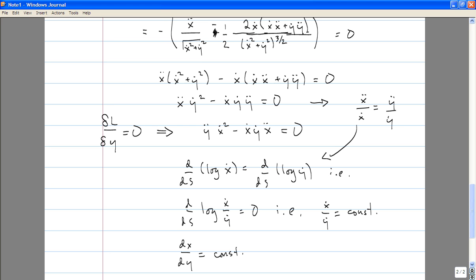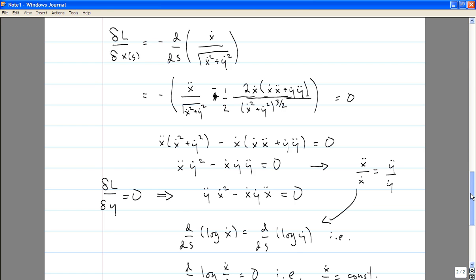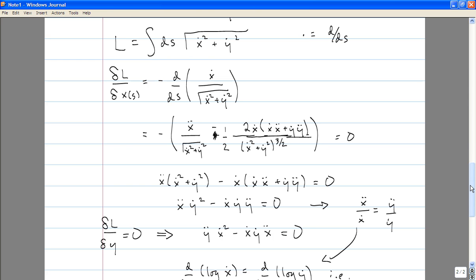There's an easier way of showing it. So in order to understand what this easier way is, let's look at this action at the top of the page. So this action depends on x dot and y dot, but not on x and y. That means that if I define the momentum conjugate to x and the momentum conjugate to y, then those quantities will be constant.